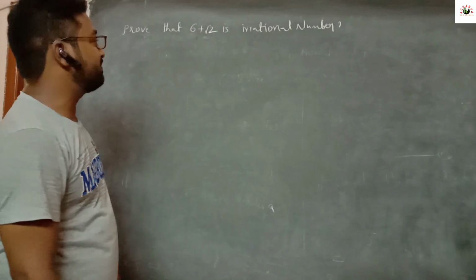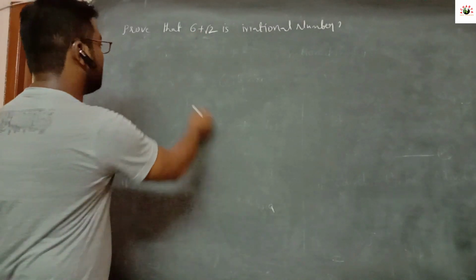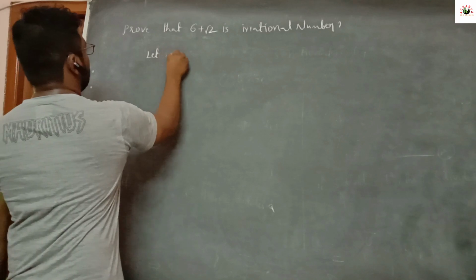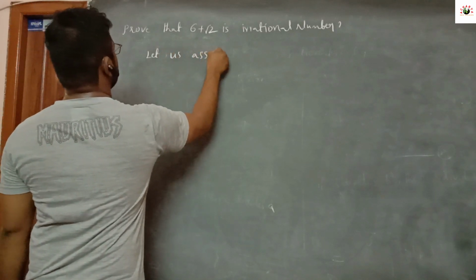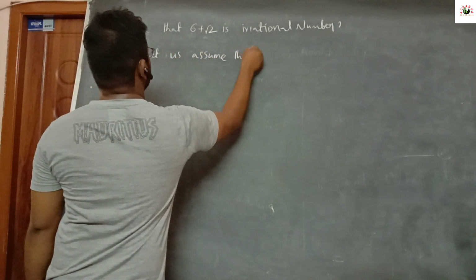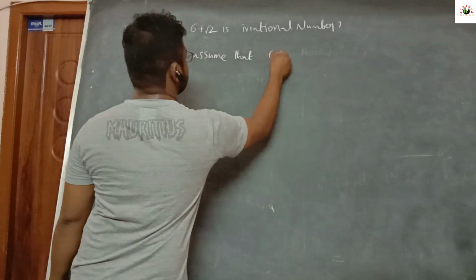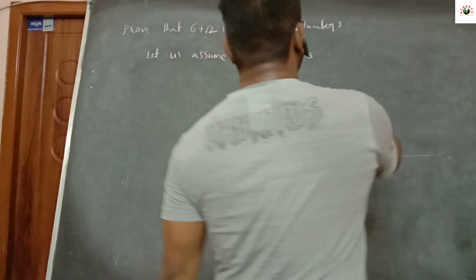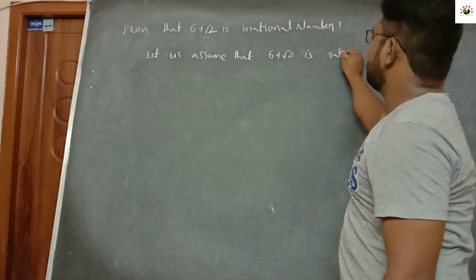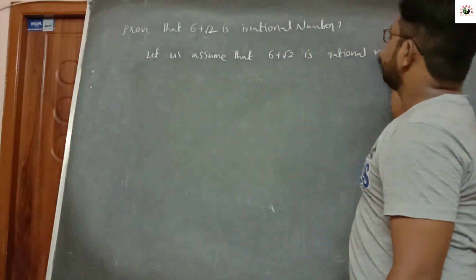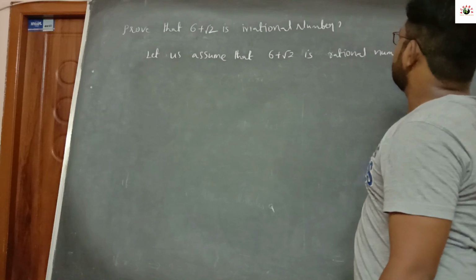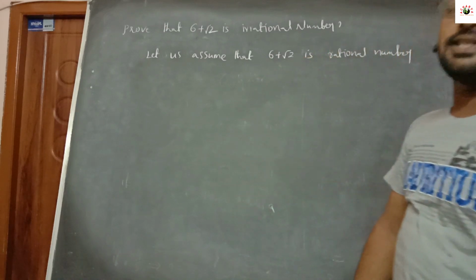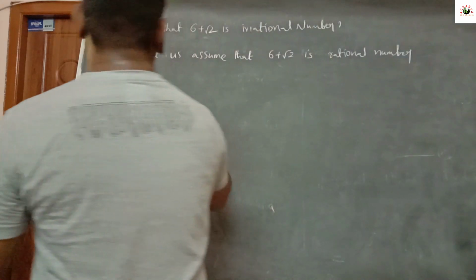Let us assume that 6 plus root 2 is a rational number. We know a rational number is in the form of p by q.